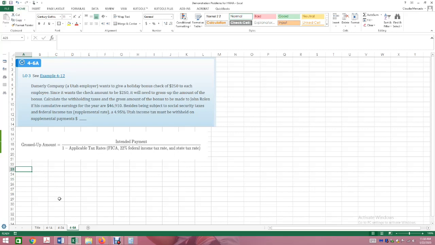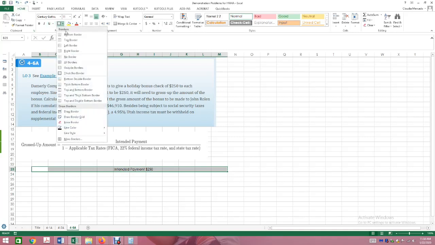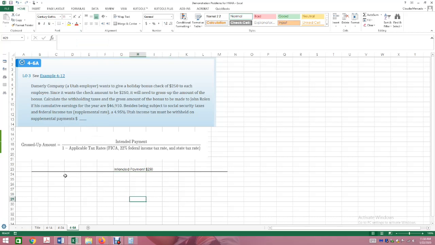So, my intended payment is how much? Well, I want my employees to take home $250. And I'm going to divide by 1 minus my applicable rates.